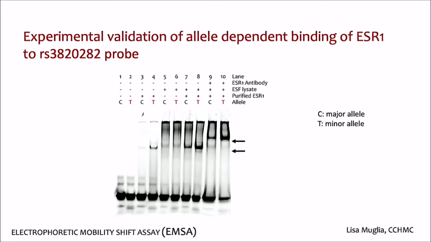You can see the different bands of the two alleles. The T is the mutant allele, and the C is the other one. And then if you add to that also the estrogen receptor 1 antibody, you see that there is a shift. And so we identified the right binding of the right thing, and it's differential between the alleles.